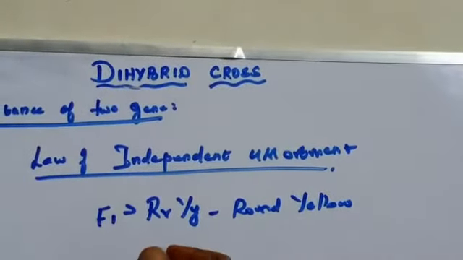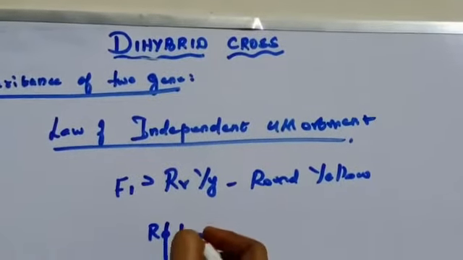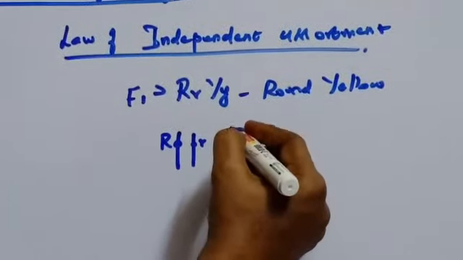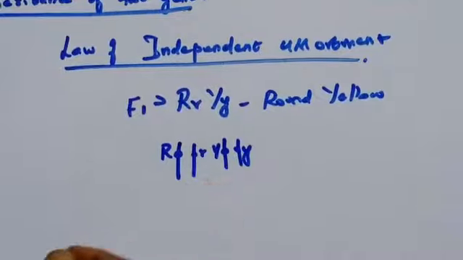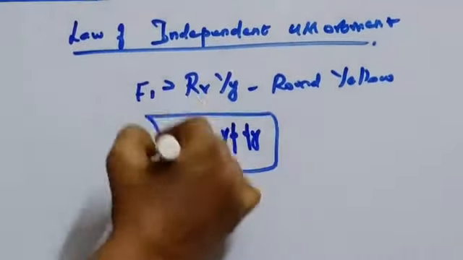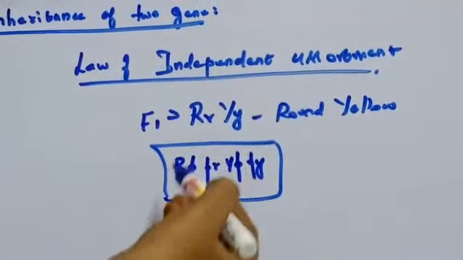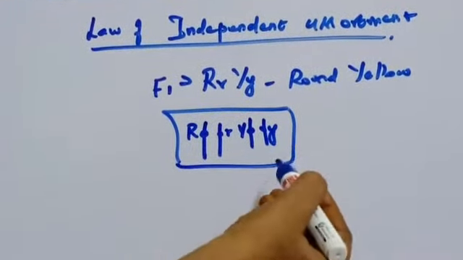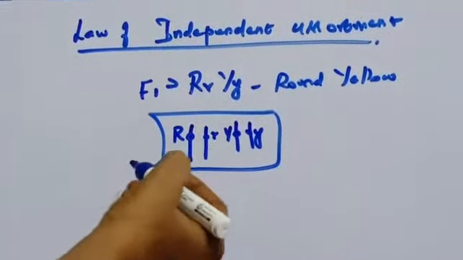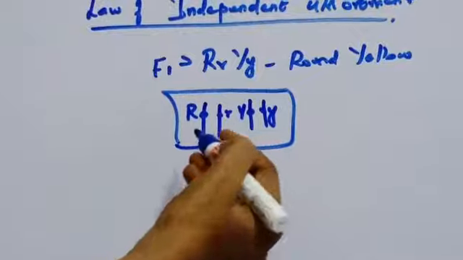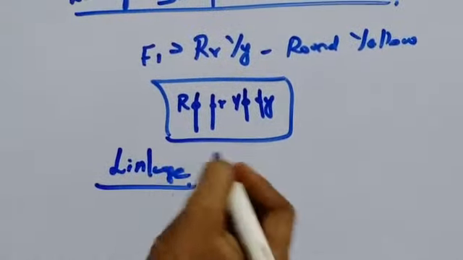For example, different chromosome means like this, capital Y, small y. So, Mendel's law of independent assortment is applicable only to those factors or genes which are present in different chromosomes. Then these gene pairs did not show it. Exception is linkage.